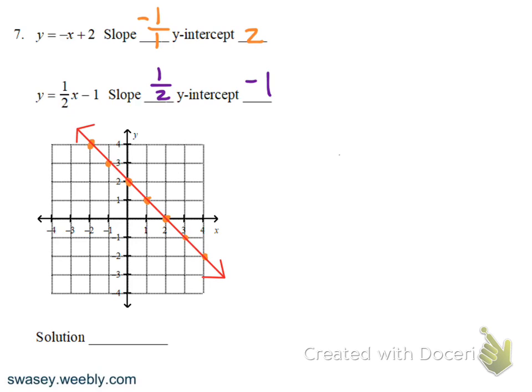So plot a point at negative 1 on the y-axis, then go up 1 to the right 2. You can also go down 1 to the left 2. And we'll connect those. They intersect at the point 2, 0.